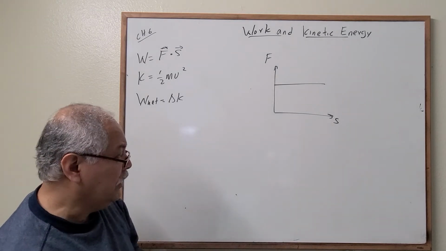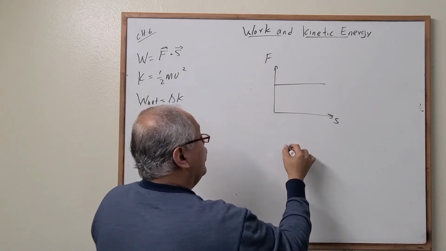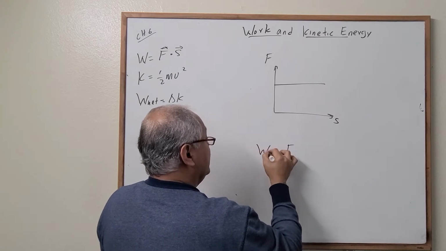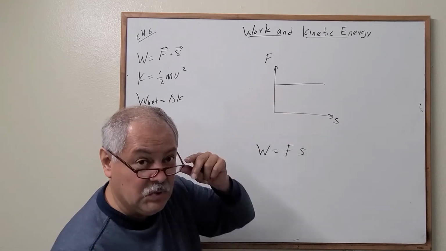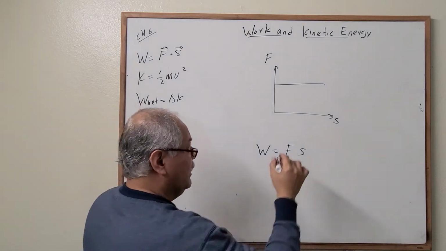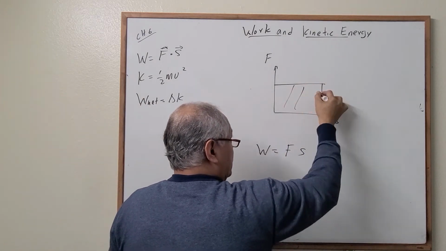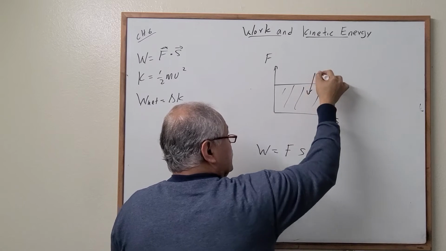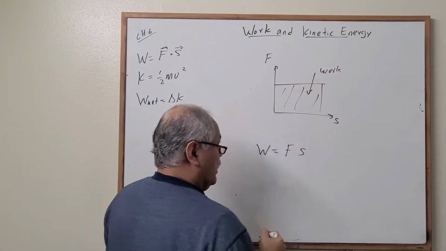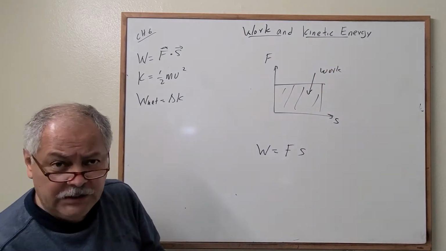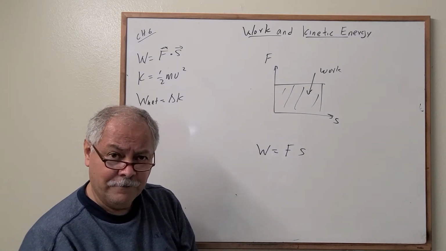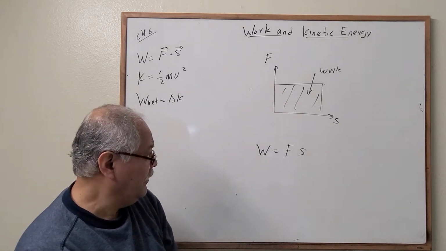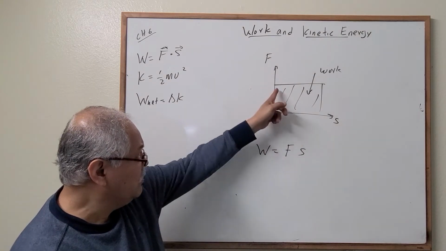How can we find work? Remember, work is the product of these two quantities. But the product of these two quantities in this graph gives us the area, right? So this is the area under the curve. So this is work. Another way then to find work is finding the area under the curve. Perfect. This is the case when force is constant.